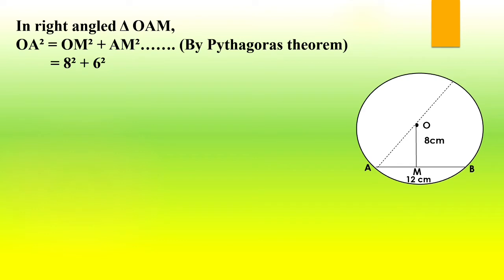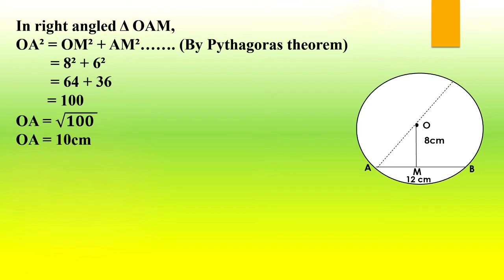Here OM value is given 8, AM is given 6. So square of 8 is 64 and square of 6 is 36. So addition of 64 and 36 is how much? 100. And 100 is the square of which number? 10. So square root of 100 is 10.